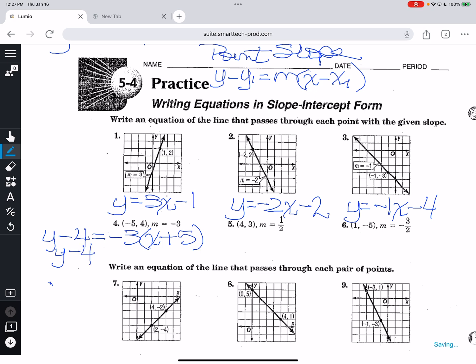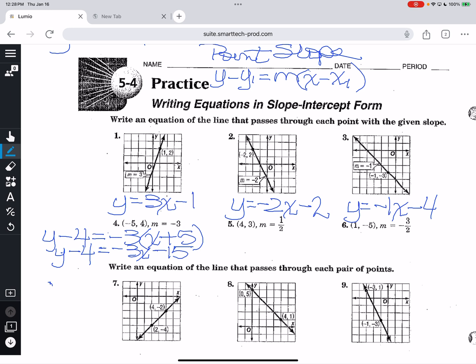And then you distribute the negative 3. So that gives us negative 3x, and we're distributing the 3 across x plus 5. Yes, minus 15. Y minus 4 equals negative 3x minus 15.